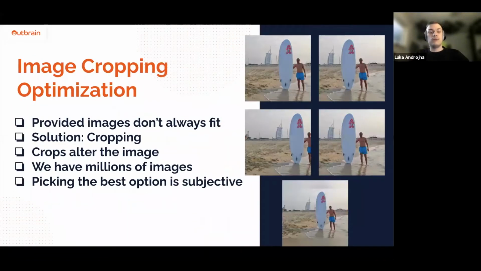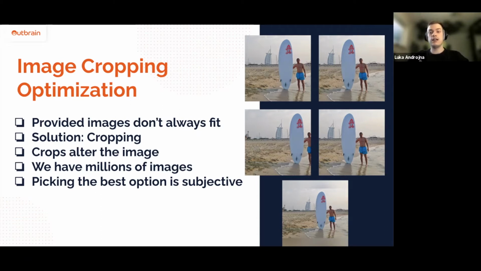If we jump into one of the problems that I will try to explain today, it is image cropping optimization. So we get a lot of images from our customers, in the range of millions in our system currently, and they usually don't fit every space on the web perfectly because widgets are different sizes, they have different aspect ratios and so on.